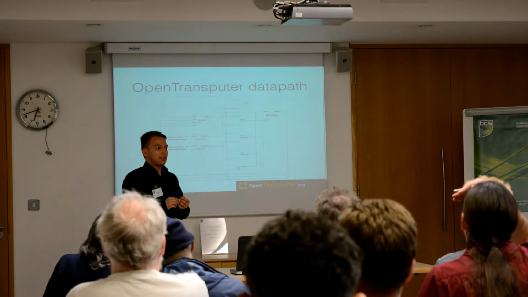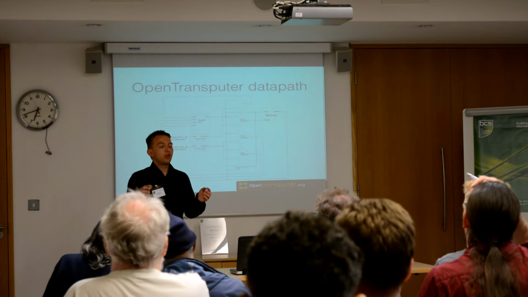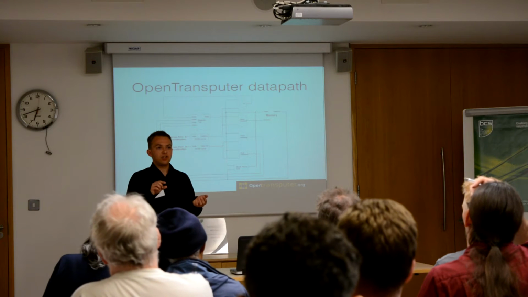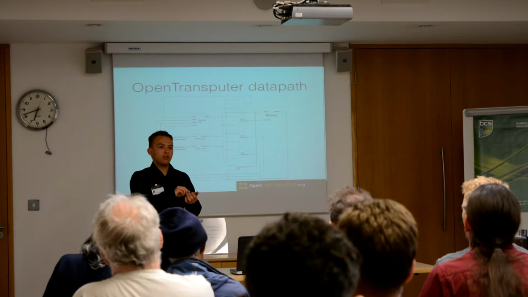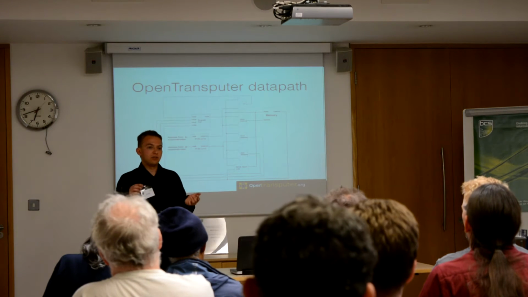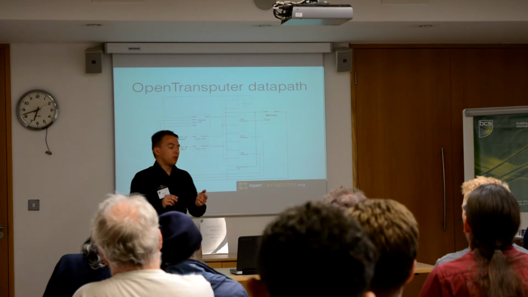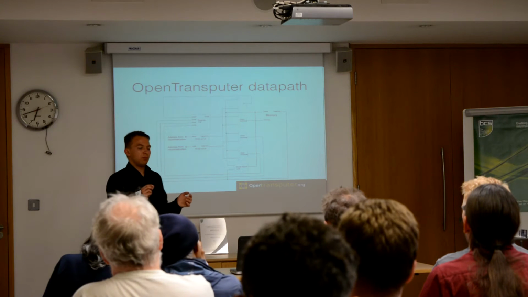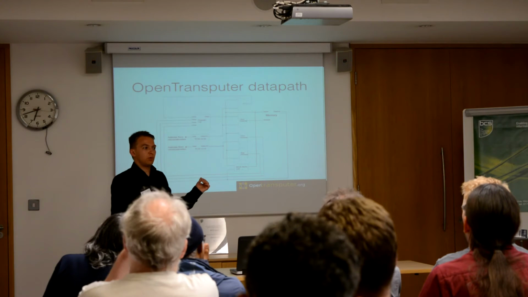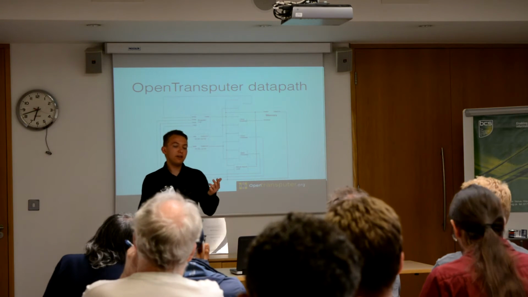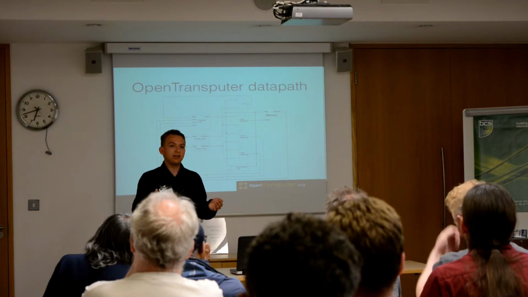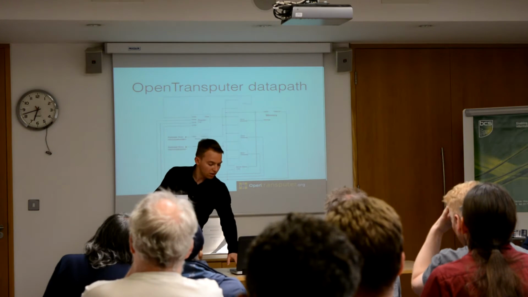So this means we can exploit a lot more parallelism when we execute each instruction, because different functional units can be fed different values at the same time. And for the same reason, we also have multiple instances of certain functional units. For example, the OpenTransputer has 3 address units, which further helps us exploit that parallelism within each instruction.